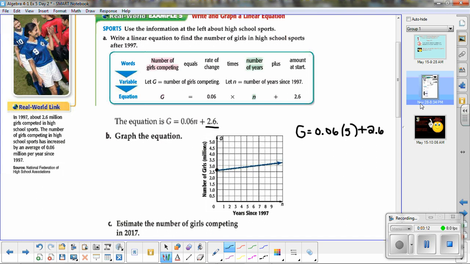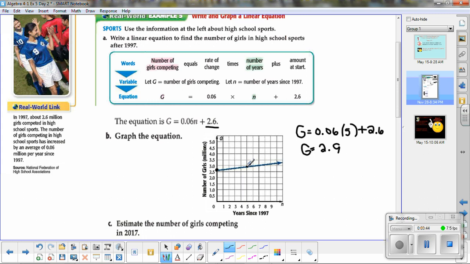Now 0.06 times 5 is 0.3, and then add that to 2.6, and you get about 2.9 million. So when the number of years is 5 years since 1997, it's going to be just under 3 million. So it's right below the 3.